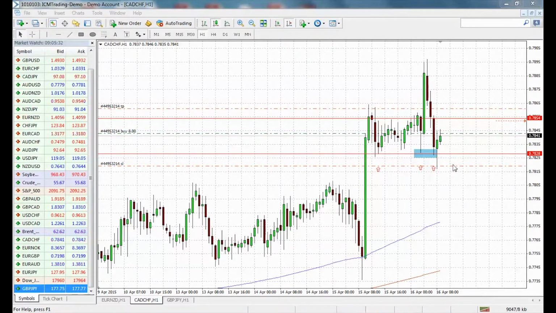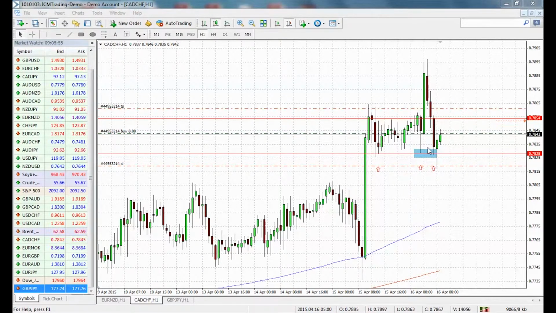Sorry, excuse me. I meant bar lows of the previous support or resistance, depending on whether you're buying or selling. In our case, we're buying. So you want these bar lows to create a nice area of support, and you want your price action to close very close.